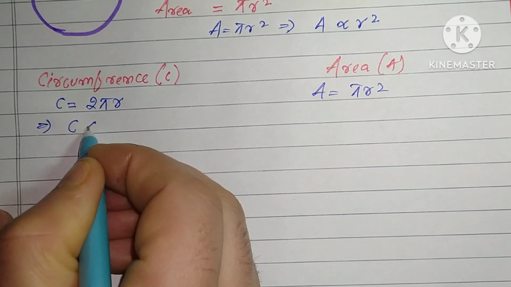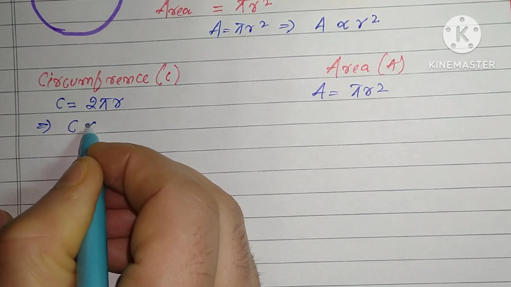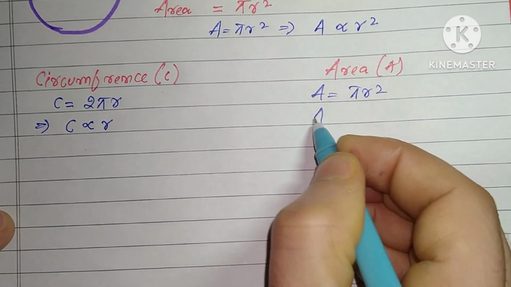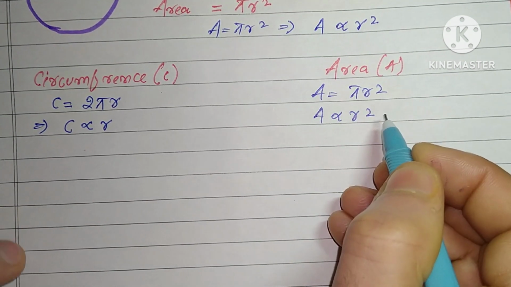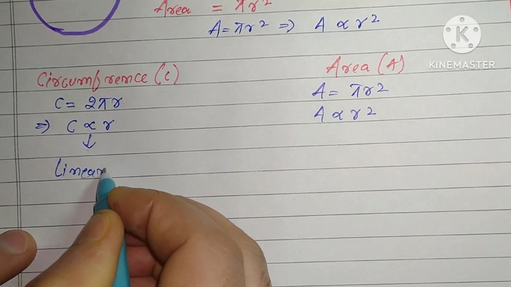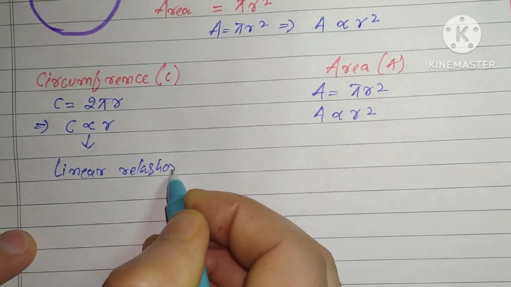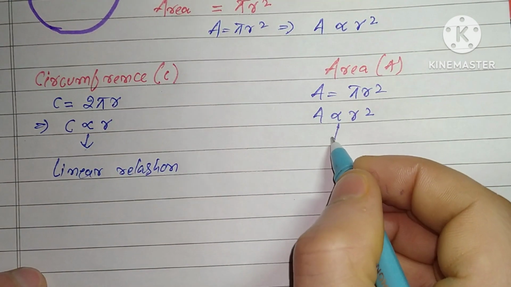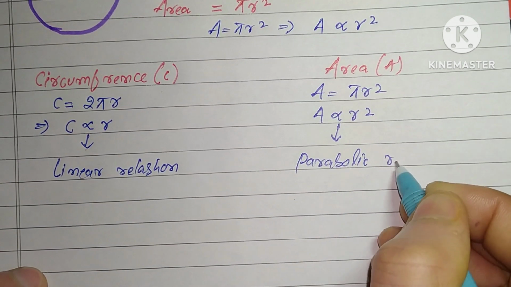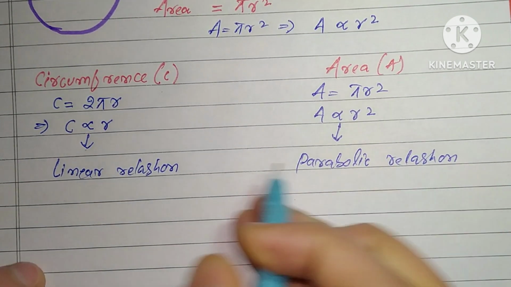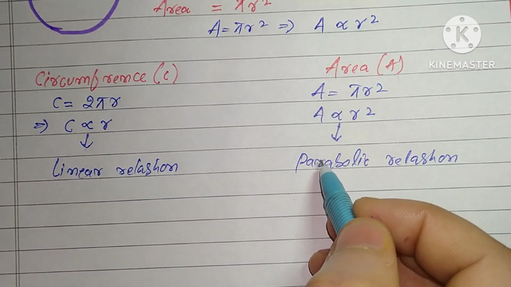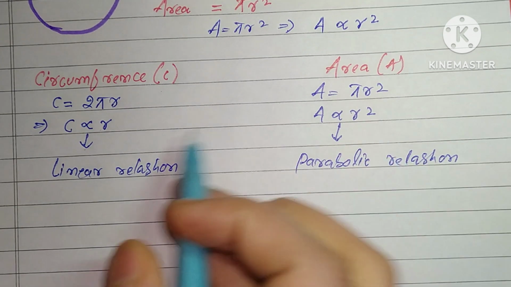Circumference is directly related to radius, and area is directly related to radius square. It is a linear relation, and it is a parabolic relation. It means circumference is linearly related with the radius and area is parabolically related with the radius.